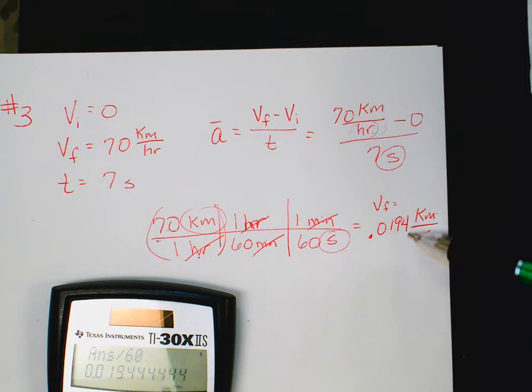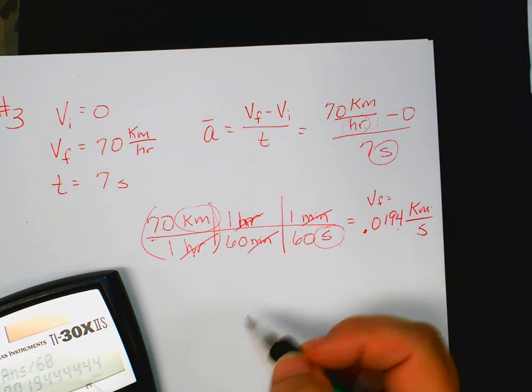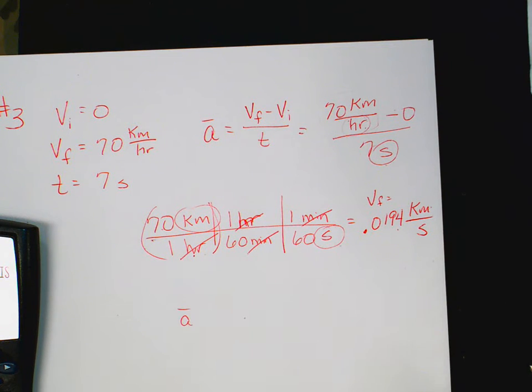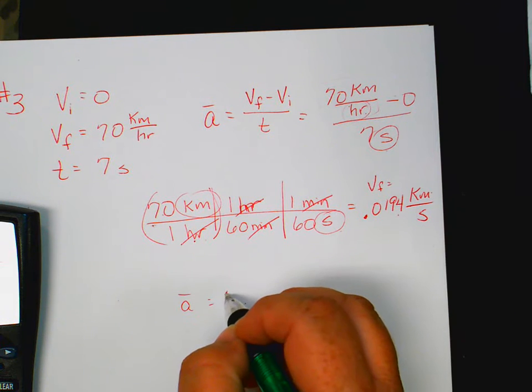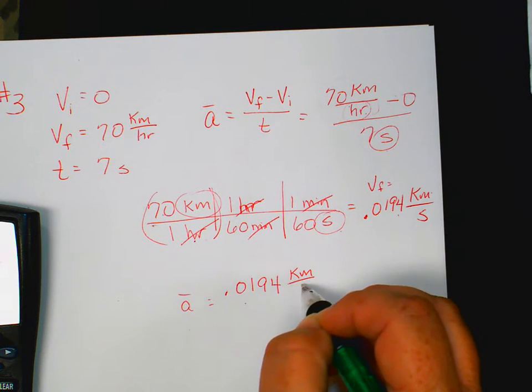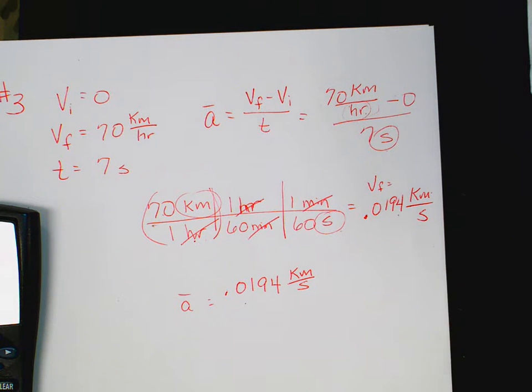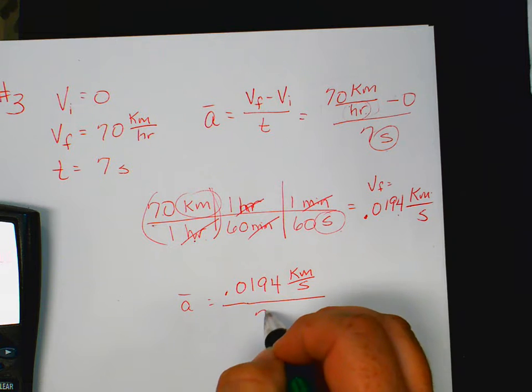So we're going to plug that back in up here. So our average acceleration is going to equal 0.0194 kilometers per second divided by our 7 seconds.